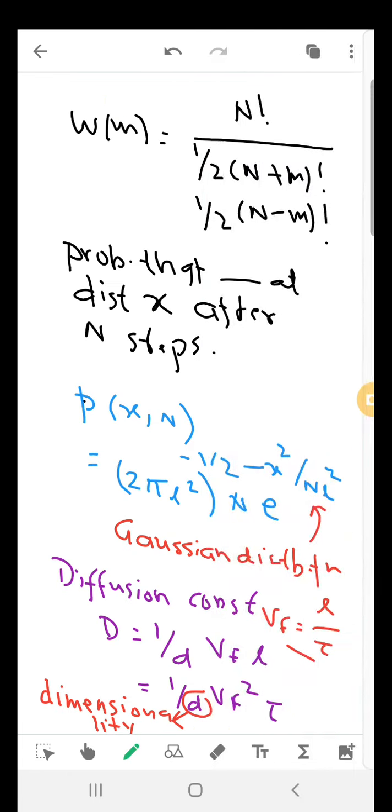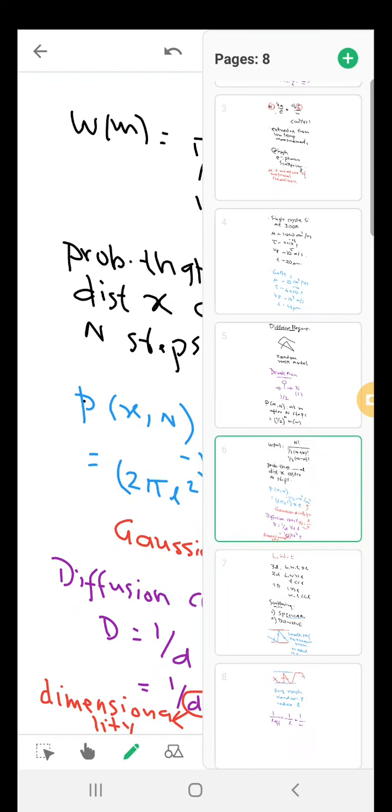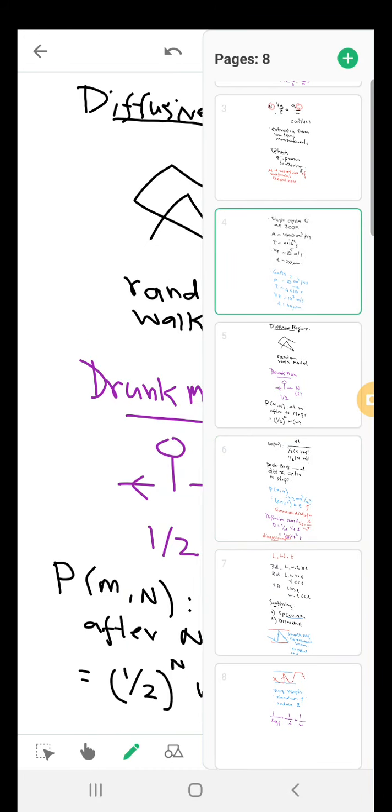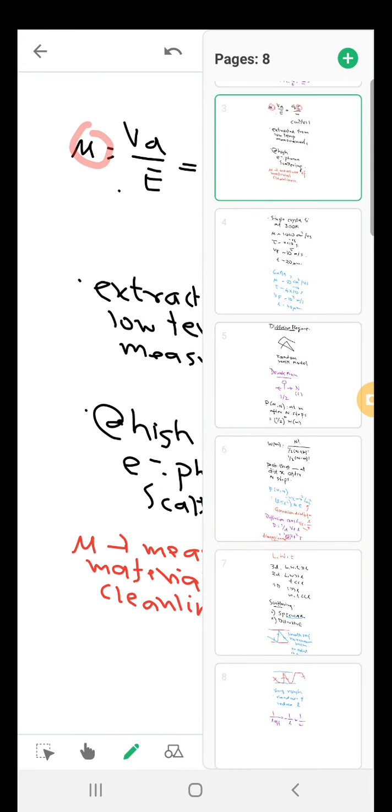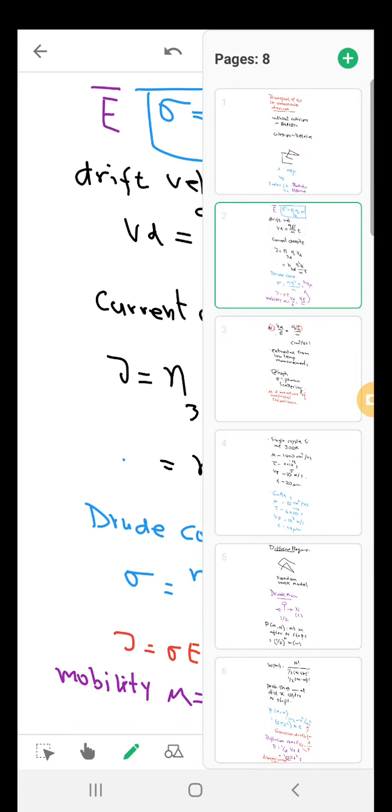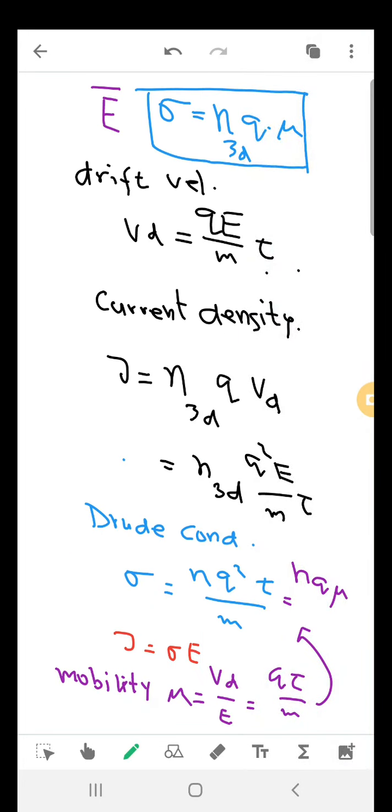In the Drude model we predicted that sigma is equal to n q mu.